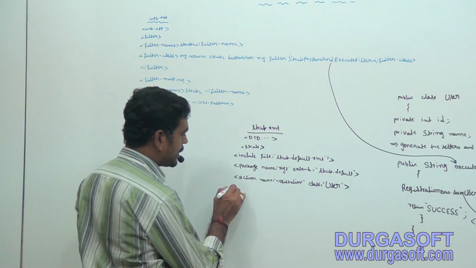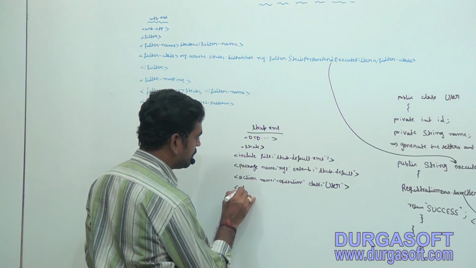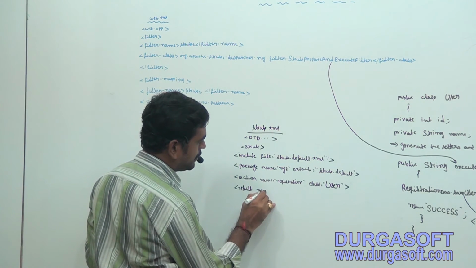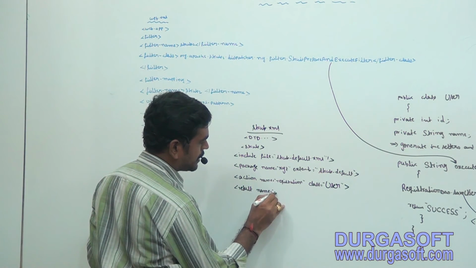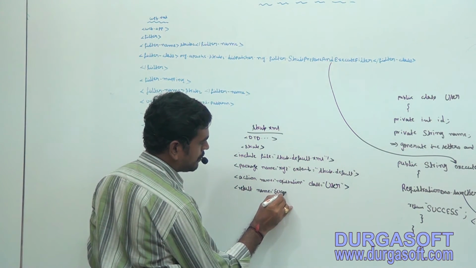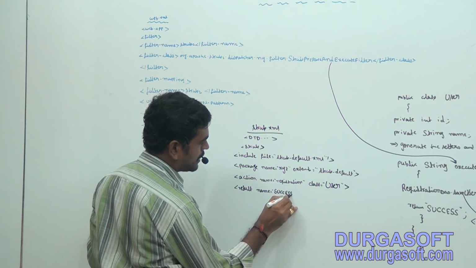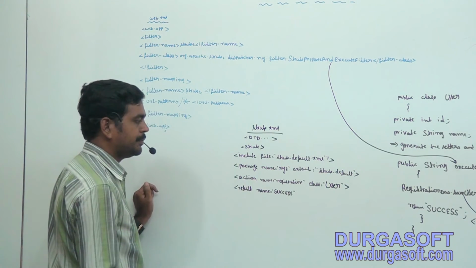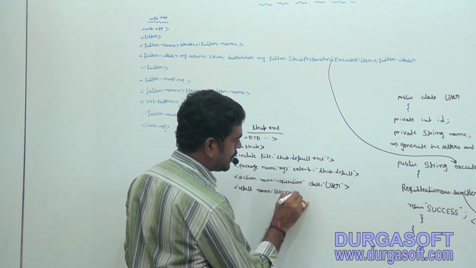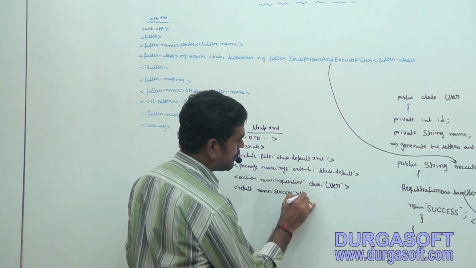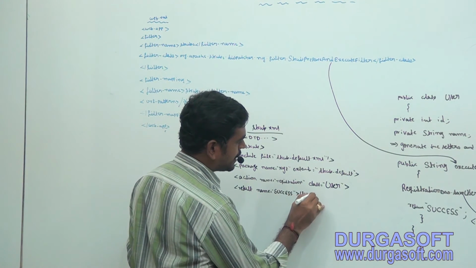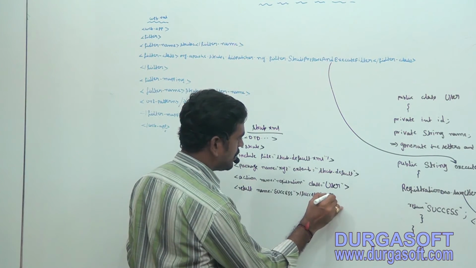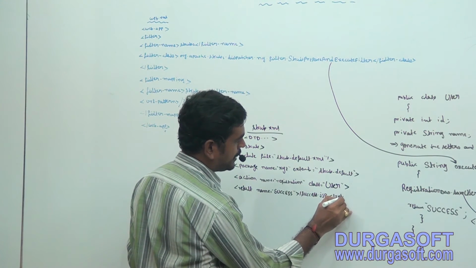The next after that, result name is equal to success, and path is equal to slash success.jsp. Then close the result.